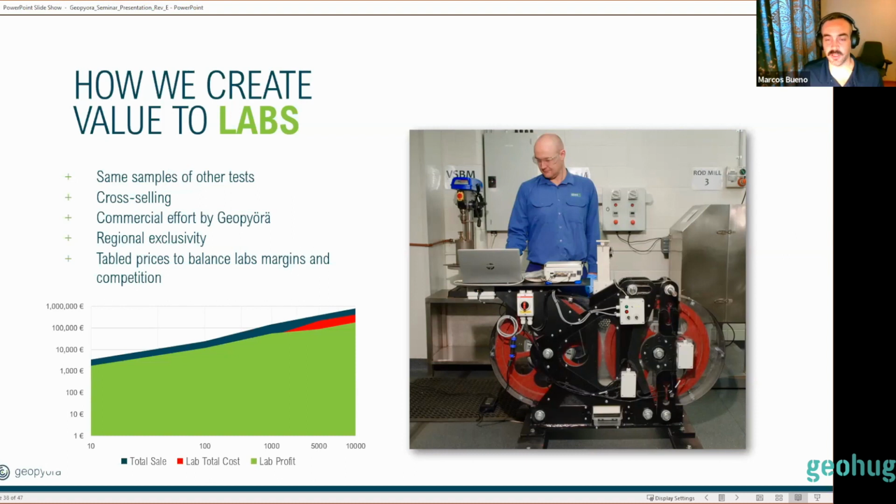In the beginning we don't want to create competition in a certain region, so we give the labs exclusivity in the region, as we gave Core Resources in Australia. And we keep our prices stable, so that a customer in Australia will not be tempted to send samples to, let's say, South America because it would be cheaper to do tests there rather than with Rob Coleman at Core Resources.